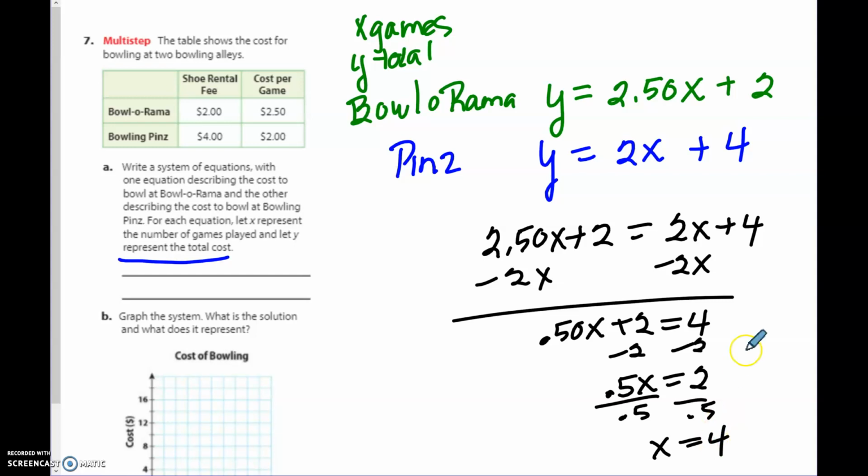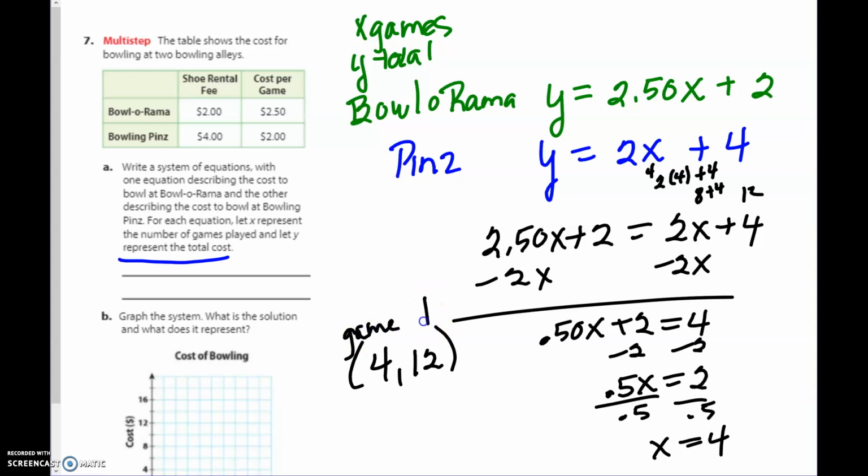Okay, so 4. Let's go back here. I'm going to plug the 4 in here. So we have 2 times 4 plus 4. So we have 8 plus 4 is 12. So this solution here is 4, 12. Okay, 4 stands for games played.